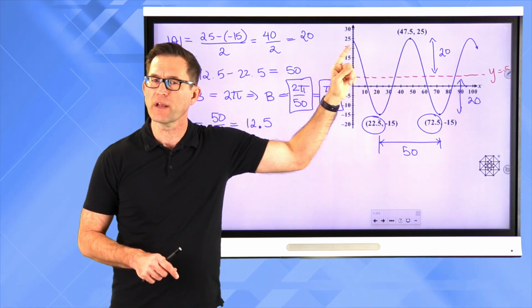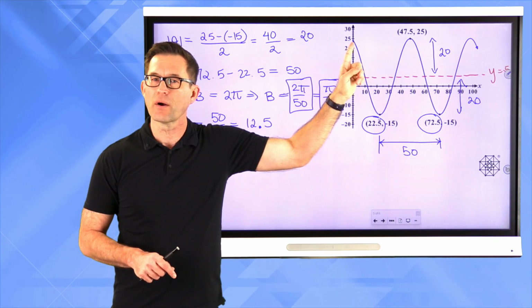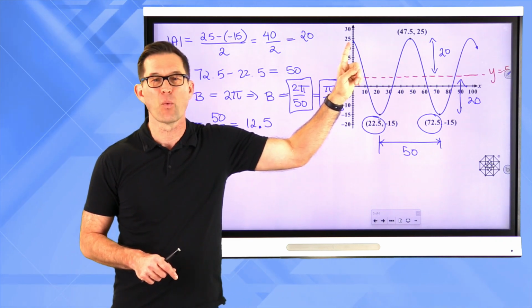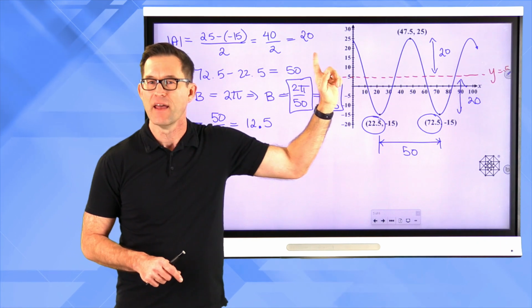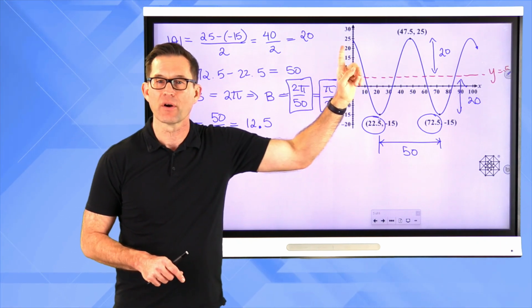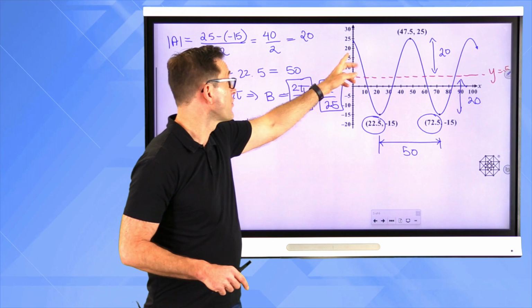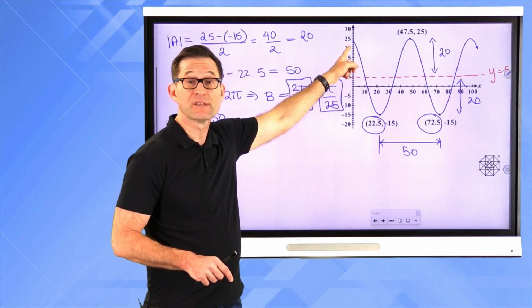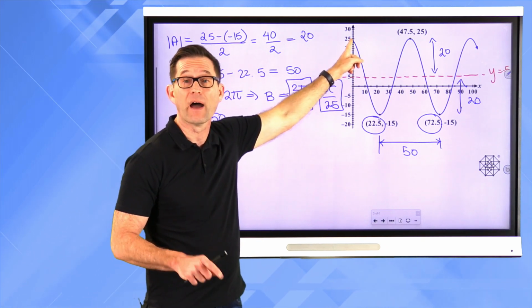Now this one's a little tricky because it almost looks like we're starting up here at 25, but we're not. It's a little bit offset. And it would be dangerous to think that we're starting at our maximum. But if you really look at the graph, it's very clear that it only intersects here at 24, not at 25.